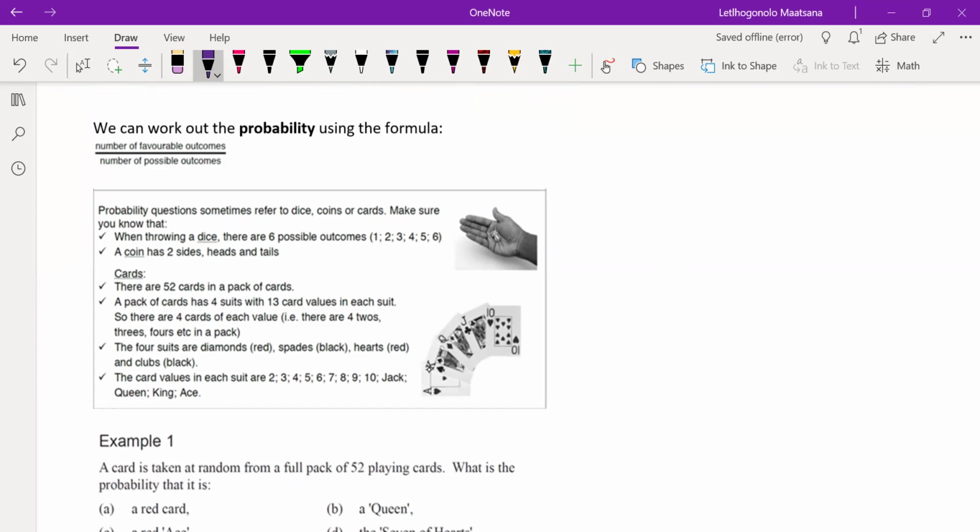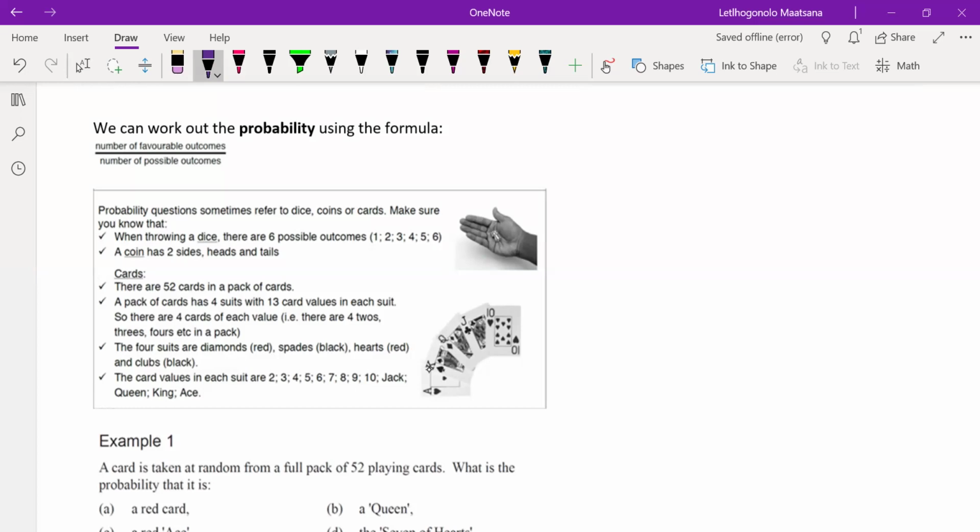With our cards, we have 52 cards in a pack or deck. A pack has 4 suits, 13 values in each suit. So there are 4 cards of each value. Here's an example. There are 4 twos, and all of them have different colors and have different shapes on them.